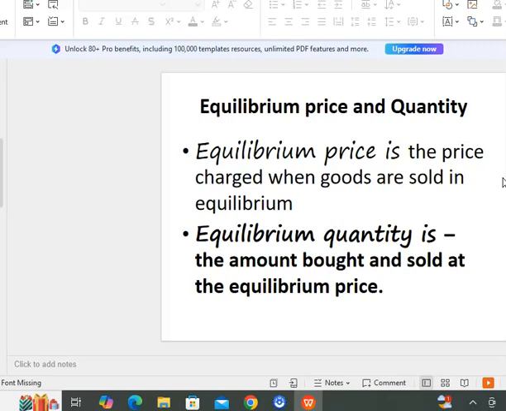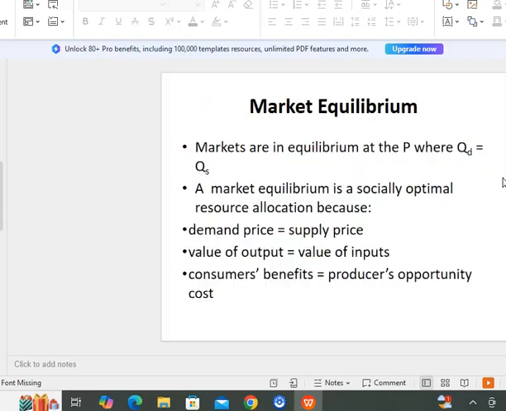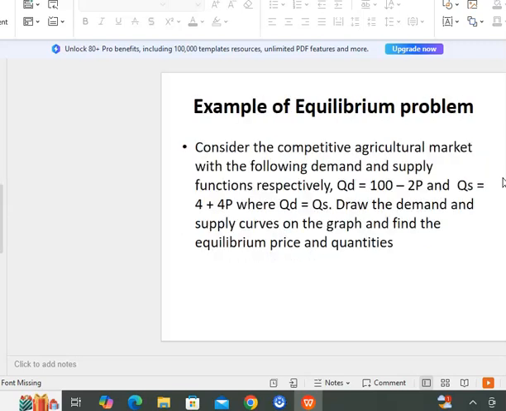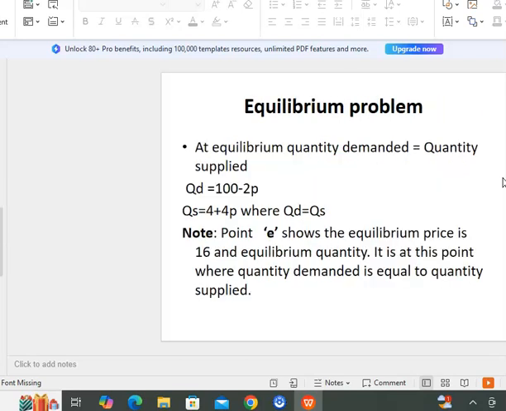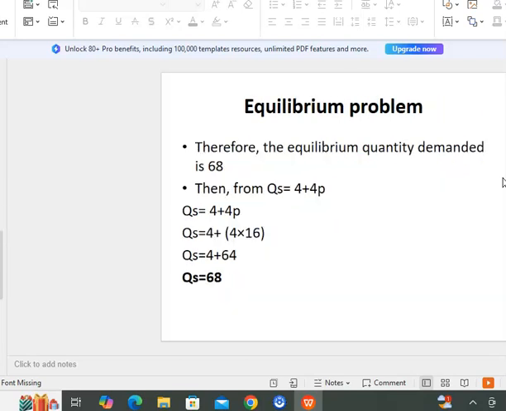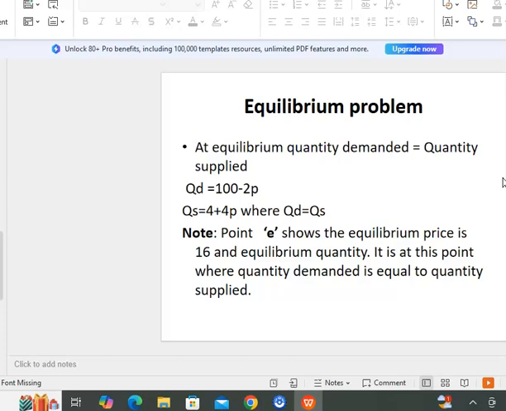So I am not going to go into the mathematical part of the topic, as I said earlier, because it could be already covered. But in this simple example, we have the supply equation, which is QS = 4 + 4P, and the demand equation, which is QD = 100 - 2P.